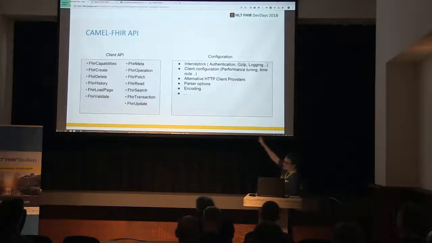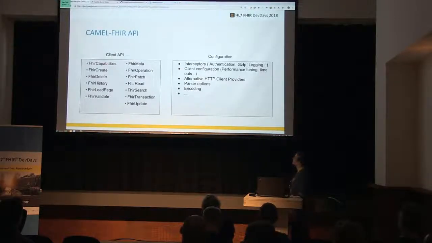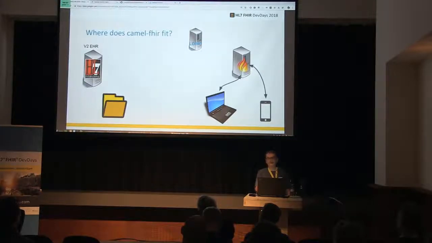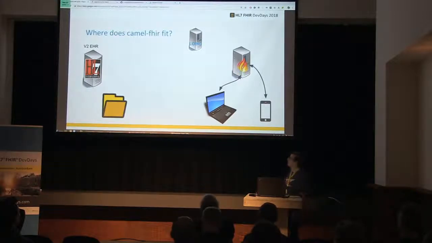And you have your configuration, so if you want to configure authentication, OAuth or basic authentication, HTTP configurations, encoding, parser options, etc. We just expose all the internals of the HAPI FHIR client for you to use, basically. And we embed HAPI FHIR, so we do support DSTU2, DSTU3, R4, etc.